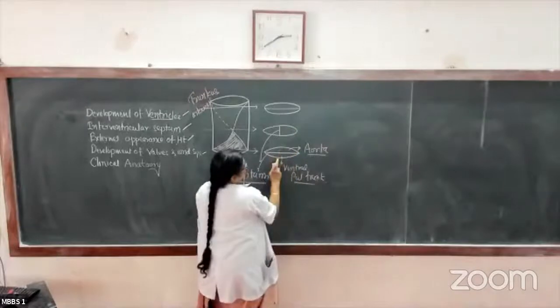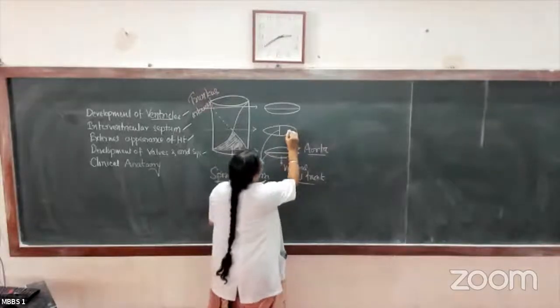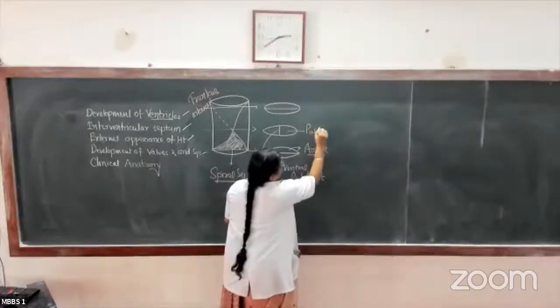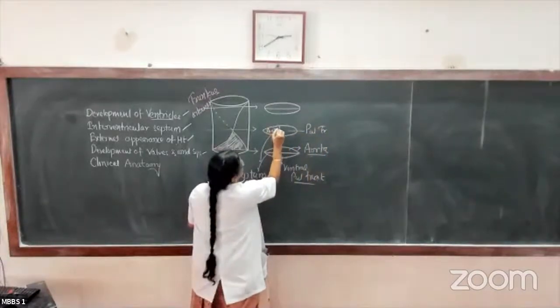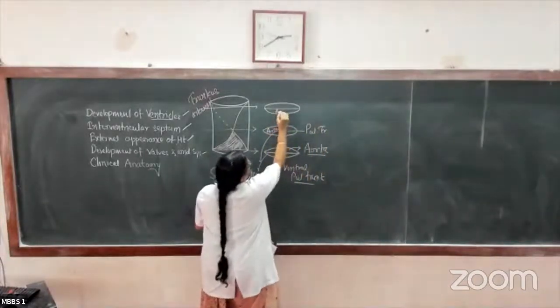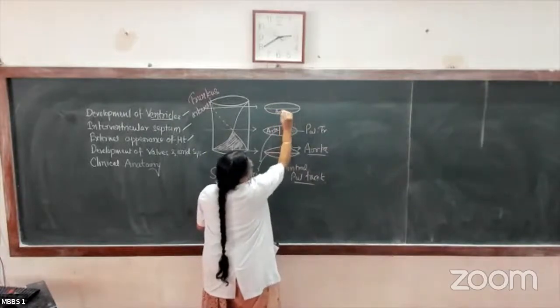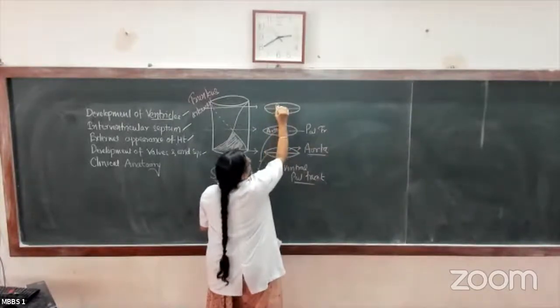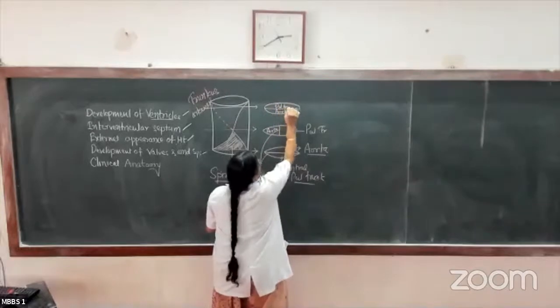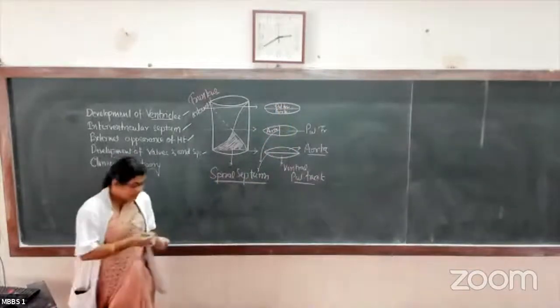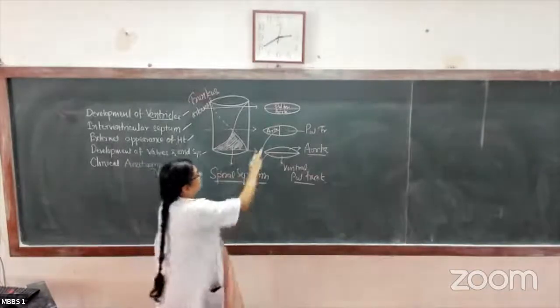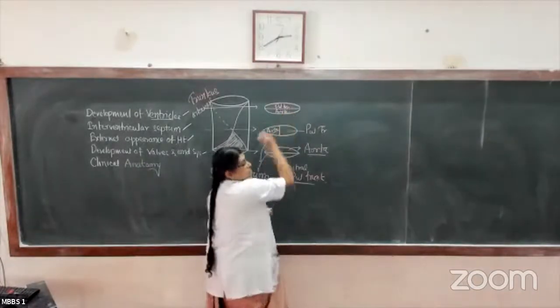Again here, this ventral portion will go here, so this will be the pulmonary trunk and this is the aorta. Again here, the aorta is coming anteriorly or ventrally, and the pulmonary trunk is going posteriorly. So there is a twisting of this. Now if you compare, the final position is that the pulmonary trunk is posterior.